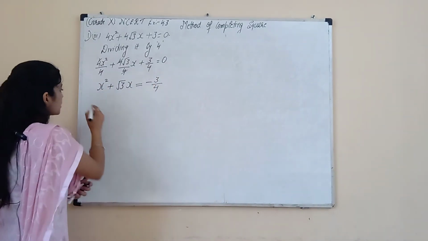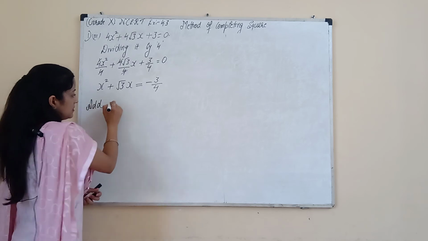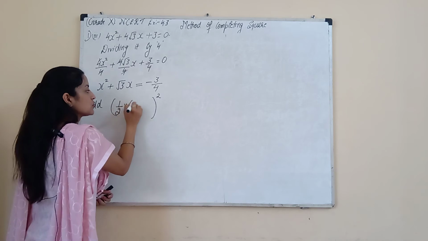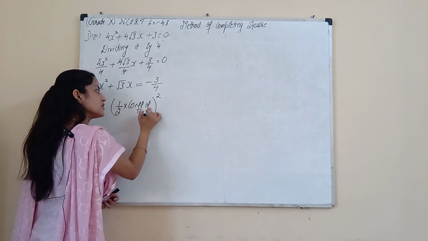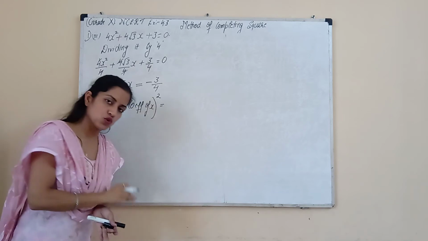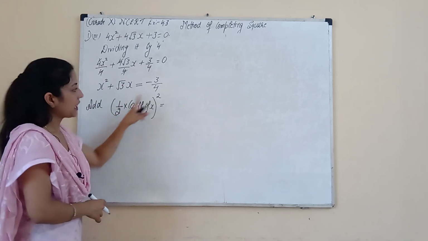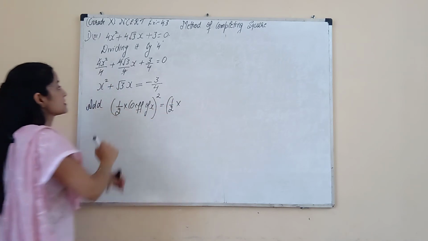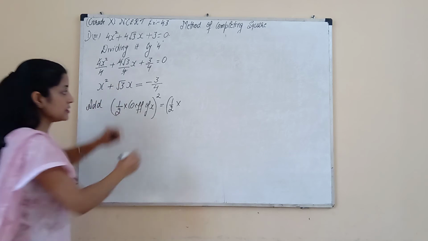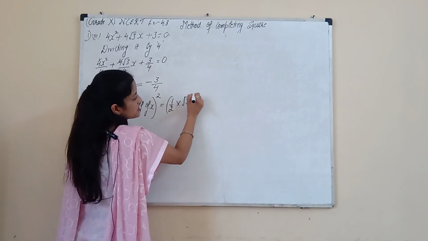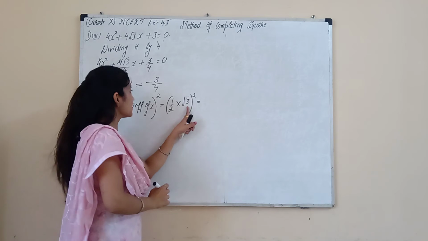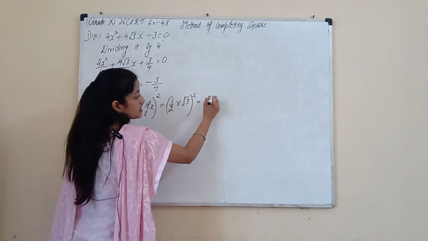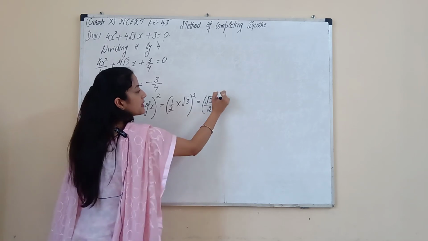So what is the formula for that? Add the square of half of the coefficient of x. Whatever value is attached to x, take half of it and square it. The coefficient of x is √3, whole square. √3 square is 3; you can write it either expanded or directly like this.